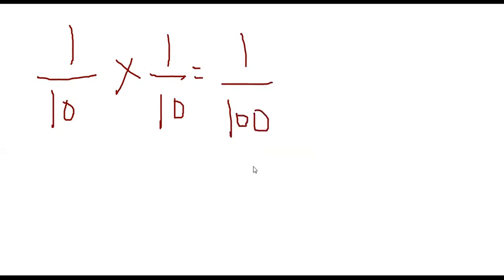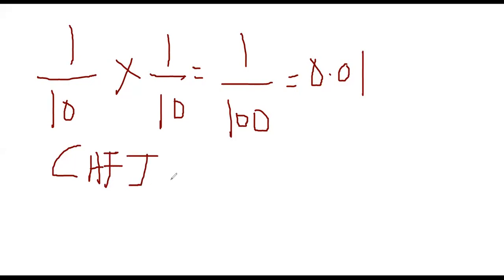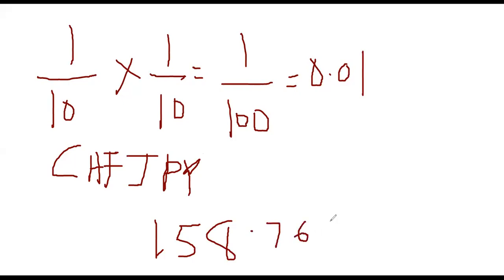Now, how do you notice all these yen pairs? Of course, you know this will give you 0.01. Yen pairs are actually in this form. Let's say I want to talk about CHF JPY. Let's say you have 158.764 and you want to add 10 pips to it.